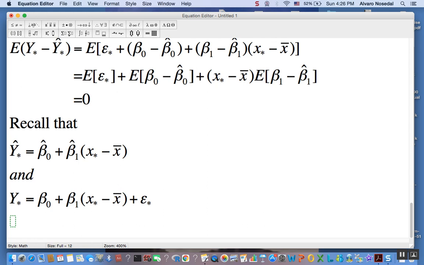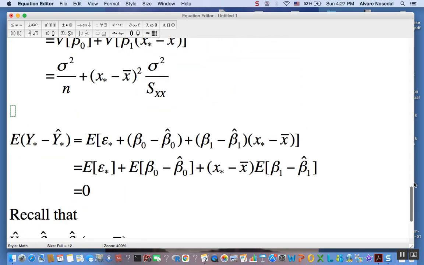What I want you to remember is that y hat star is constructed using the first n observations from your sample, y1, y2 up to yn, right?